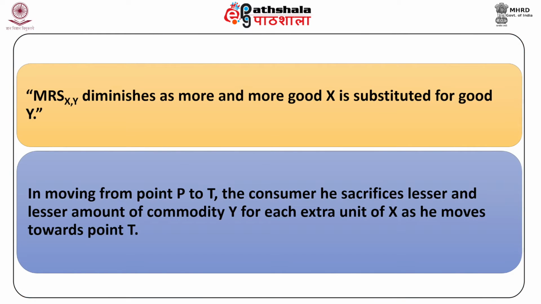In our example, table 1, we observe that when the consumer moves from point P to T, he does not have to sacrifice the same amount of good y for each extra unit of good x.